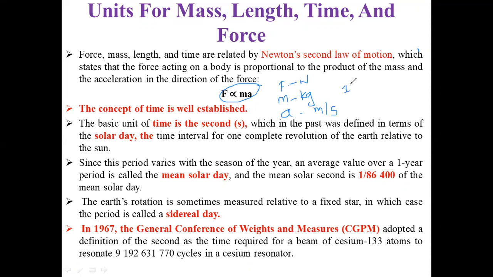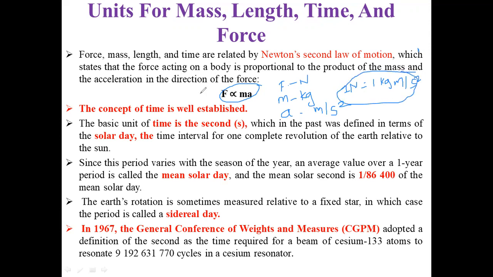What will be the value of 1 Newton, friends? 1 Newton is equal to 1 kg meter per second square. So this is the relation between 1 Newton and kg meter per second square.